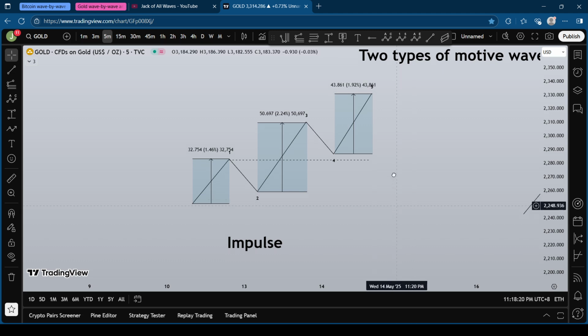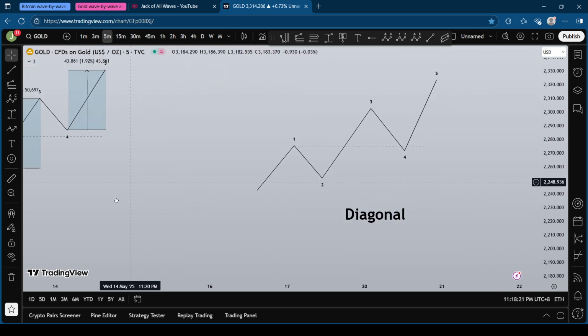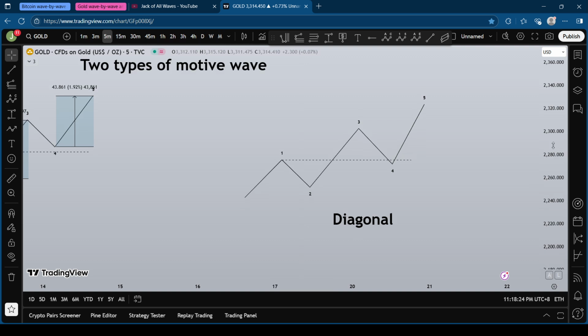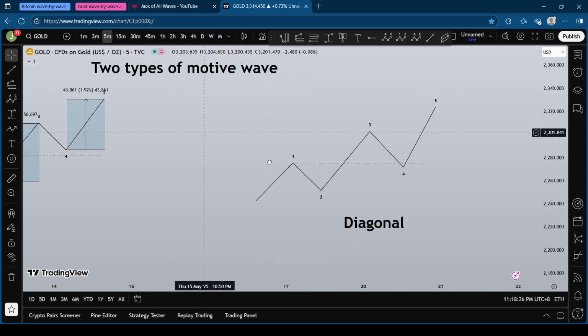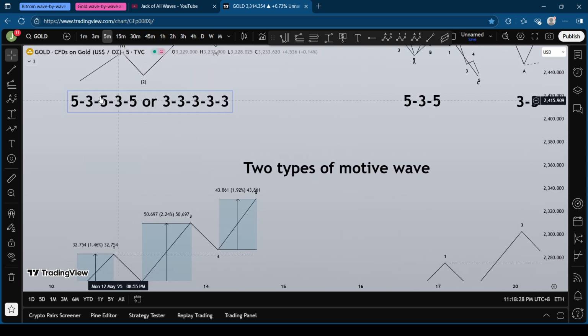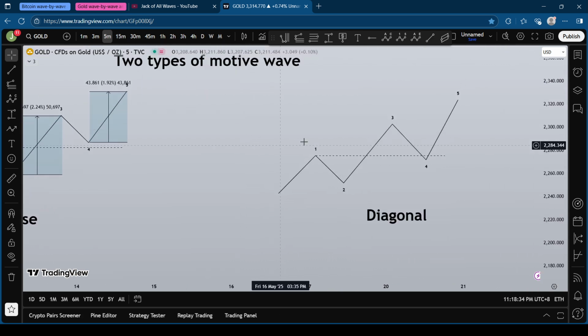Now, going back to the diagonal, by the way, a diagonal can be counted as 5-3-5-3-5 or 3-3-3-3-3. When we say 5-3-5-3-5, meaning 5 waves up, 3 waves down, 5 waves up, 3 waves down, 5 waves up.